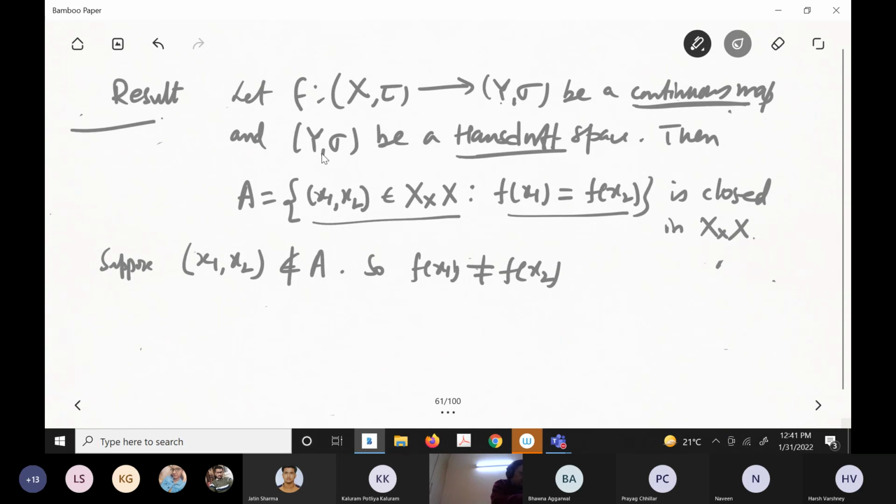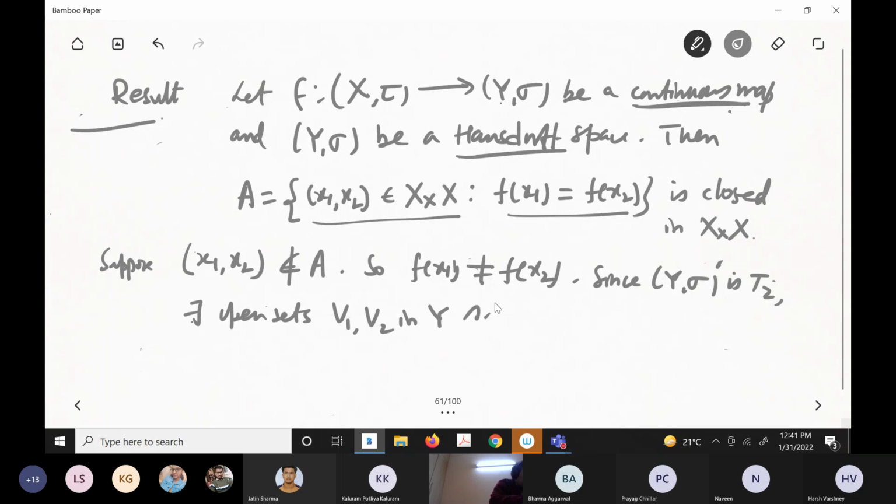Since (Y, sigma) is Hausdorff, there exist open sets V1, V2 in Y such that f(x1) belongs to V1, f(x2) belongs to V2, and V1, V2 are disjoint.